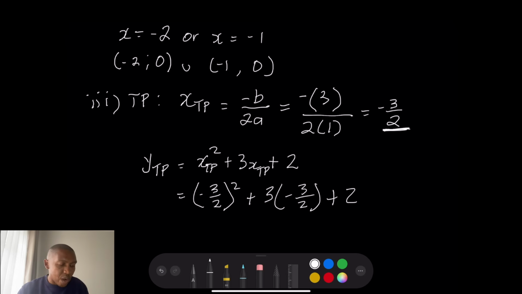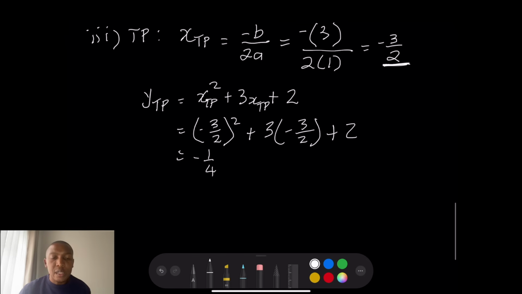And my y value, oh no, I almost made a mistake there again. So that's negative 3 over 2, and that means my y value of my turning point would be negative 1 over 4. So I get that value to be negative 1 over 4.